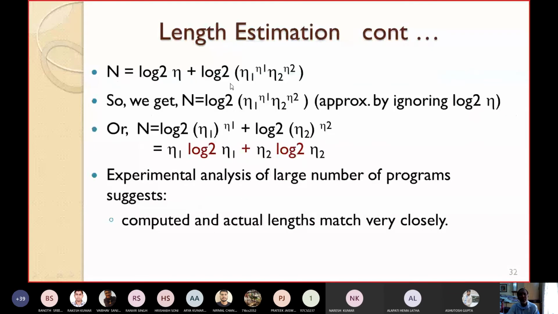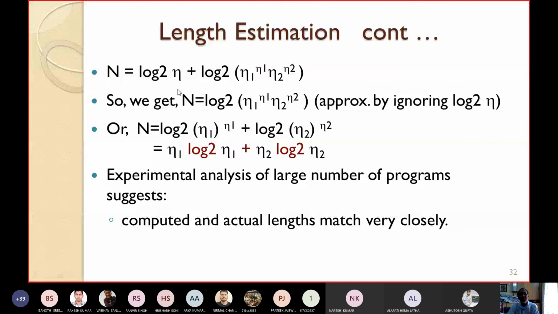After simplification, we get that N is equal to log2 η plus log2 of η1 to the power η1 into η2 to the power η2. So we get N is equal to how much? Log2, and see, by ignoring log2 η, which is very negligible.